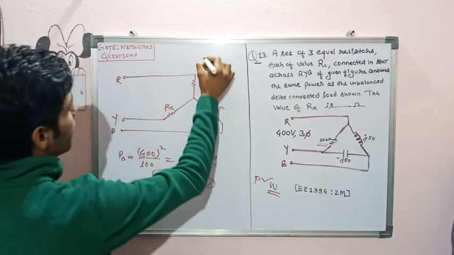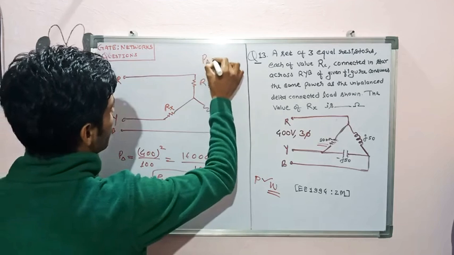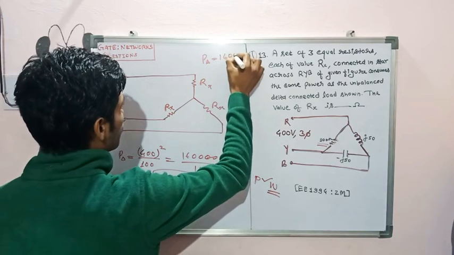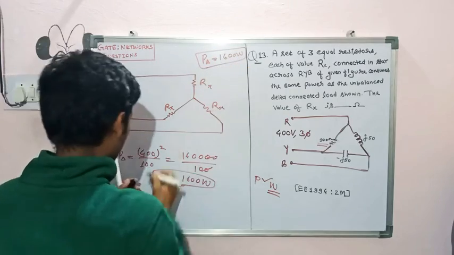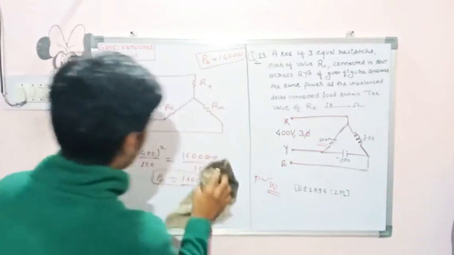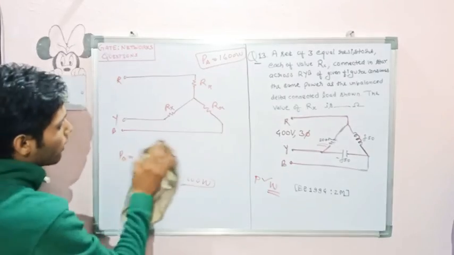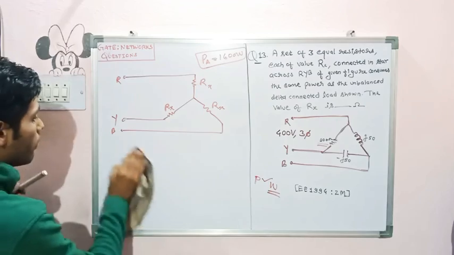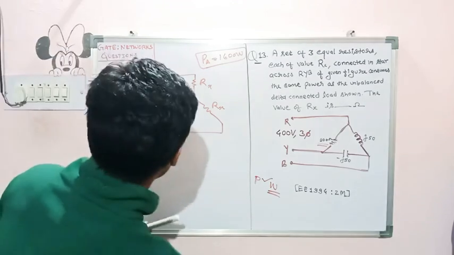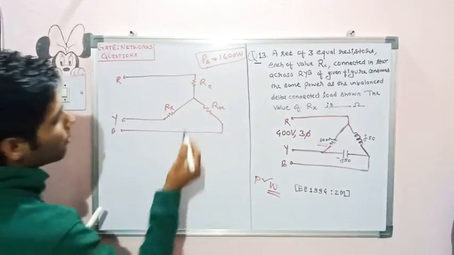Now let us write here. P delta is equal to 1600 watt. Now what is the value of P star? For the star connected load, what is the value of power for the same value of resistances in each circuit?